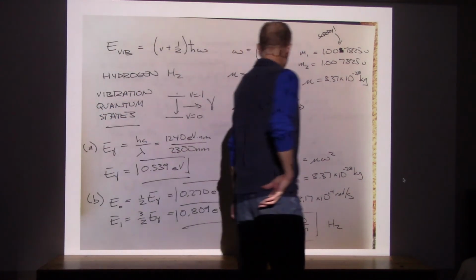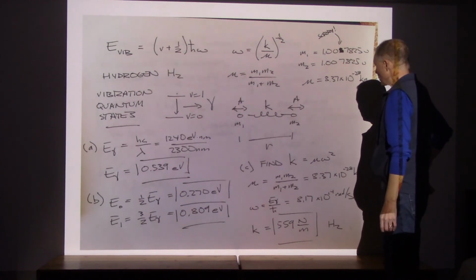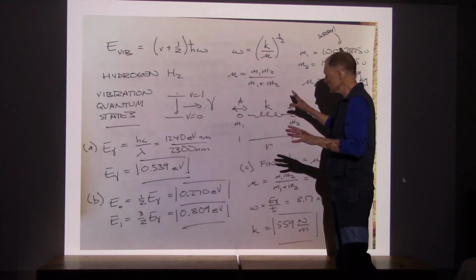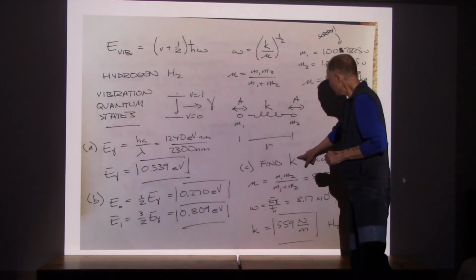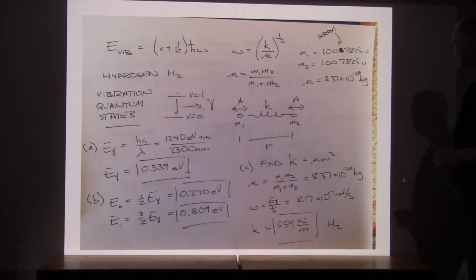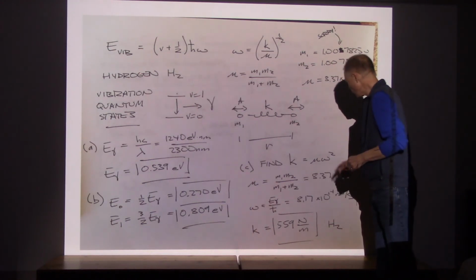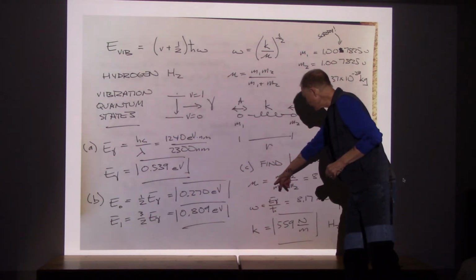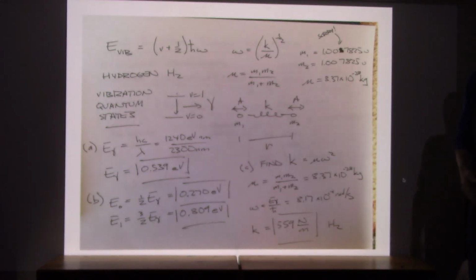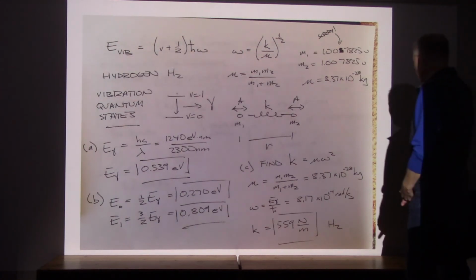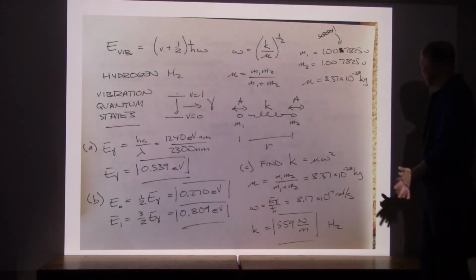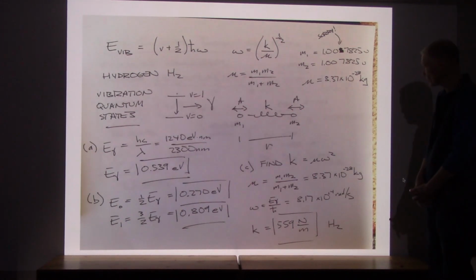Coming back over here, here's our diatomic molecule. Here is the stiffness of the bond, and we can calculate it as mu times omega squared. So I went back and calculated reduced mass. Now we've done that before, when we looked at carbon monoxide for rotational states. And what I got for an H2 molecule was 8.37 times 10 to the minus 28 kilograms.